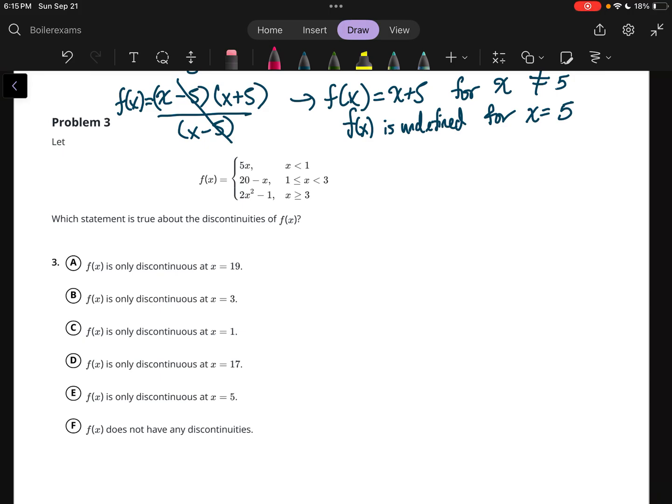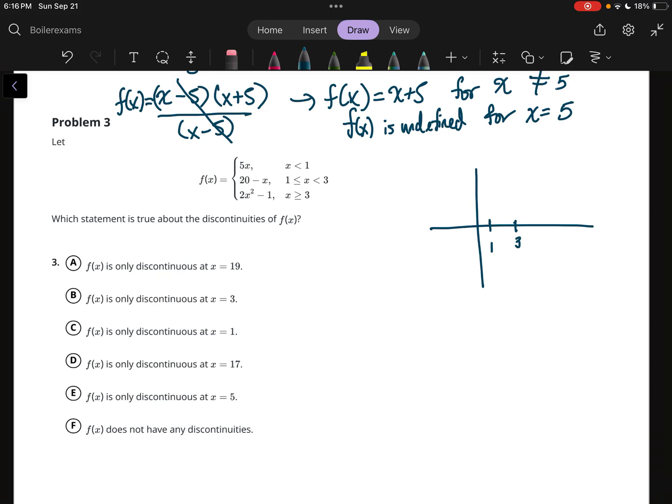Question 3 says, which statement is true about the discontinuities of f of x? So first, what we can do is plot the function that they gave to us in the problem. So I have 1 over here, and then I have 3 over here.